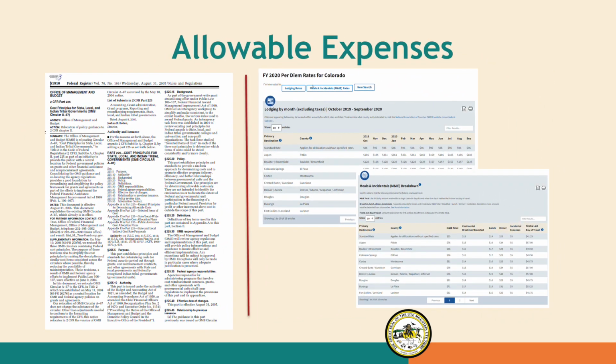The federal government has strict rules on grant expenditures detailed in the Federal Register and online at the General Services Administration or GSA. Most federal grants do not allow you to buy food or beverages for events, and there are maximums allowed for lodging and meals when traveling.